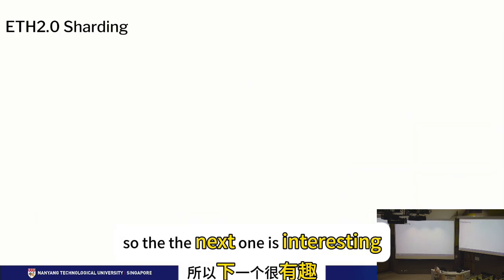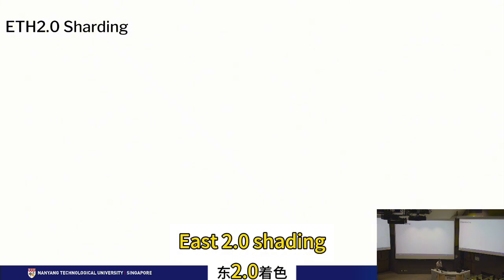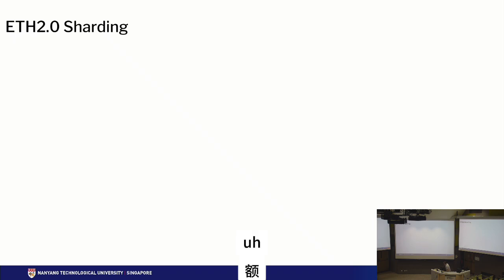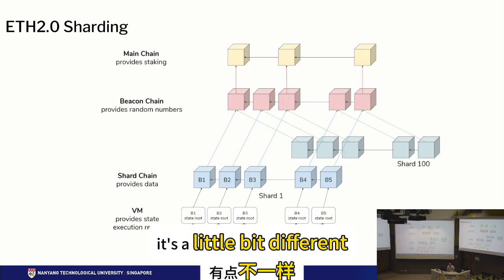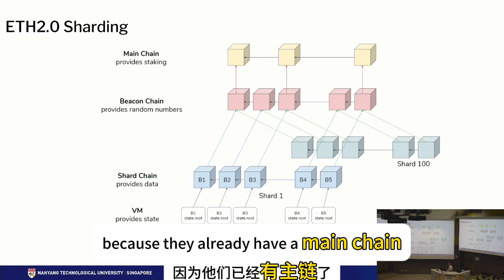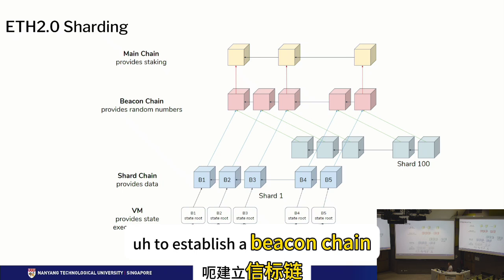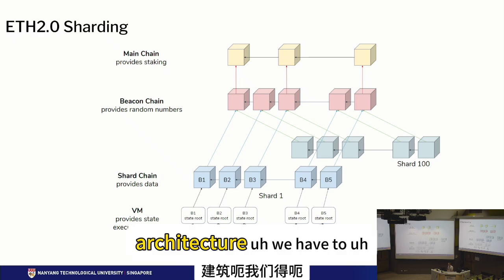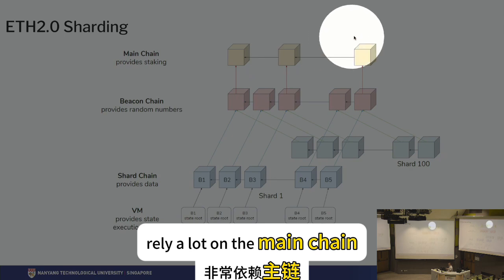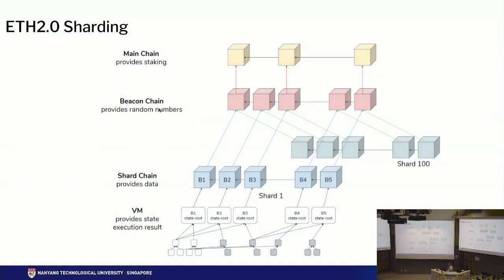So the next one is interesting. We will talk about ETH 2.0 sharding, finally. For Ethereum, it's a little bit different because they already have a main chain running on top. To establish a beacon chain type of sharding architecture, they have to rely a lot on the main chain. Underneath, they have the beacon chain.